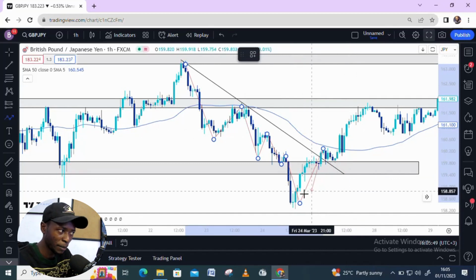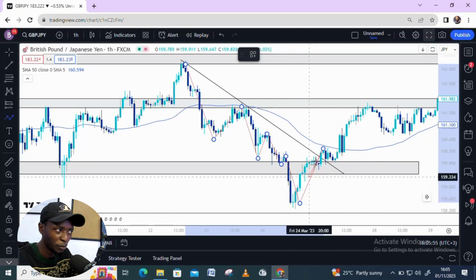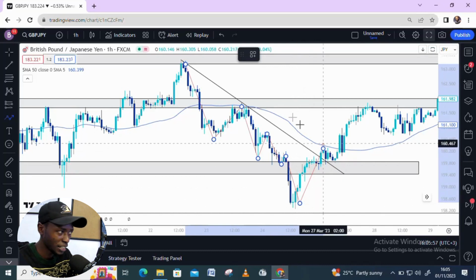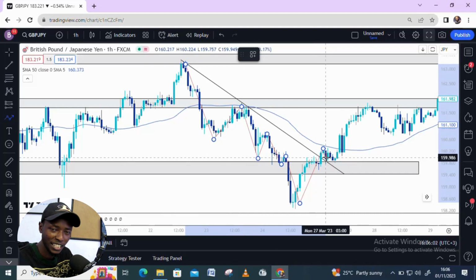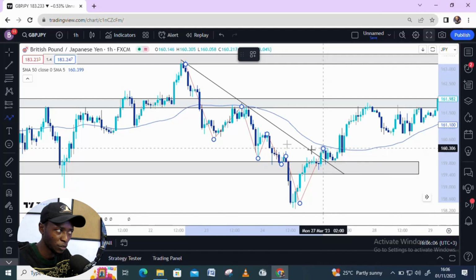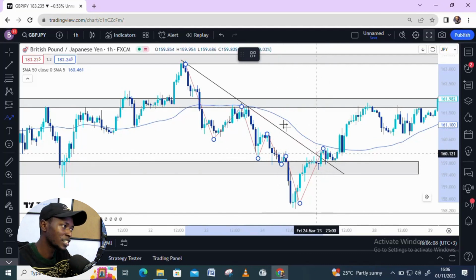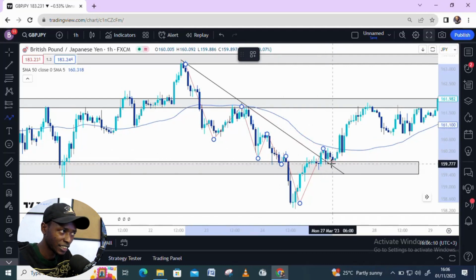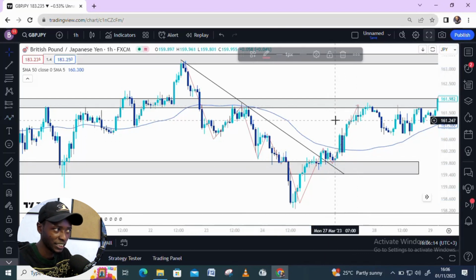One, the market is breaking from the lows, from right here, it breaks through the zone and breaks through the trend line at the same time. So we are now utilizing the retest. The market was trending lower, breaks through the trend and is now retesting, and a new trend is established.